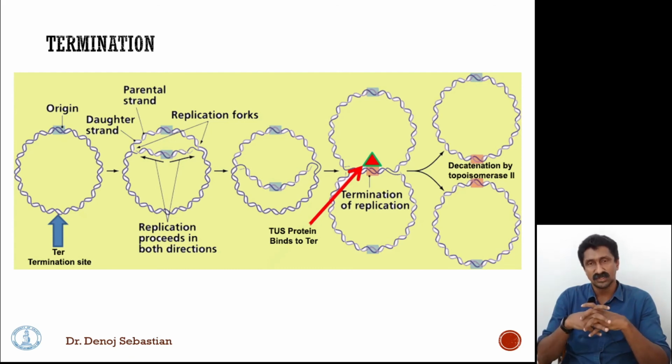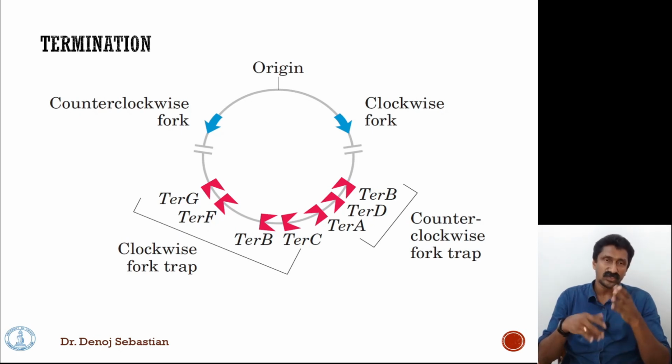The interlinked circles of the circular DNA, or the catenanes, can be released by the decatenation activity of topoisomerase, which cuts one of the strands and separates both the circles, then seals them together with the ligase enzyme. So that is about the termination.